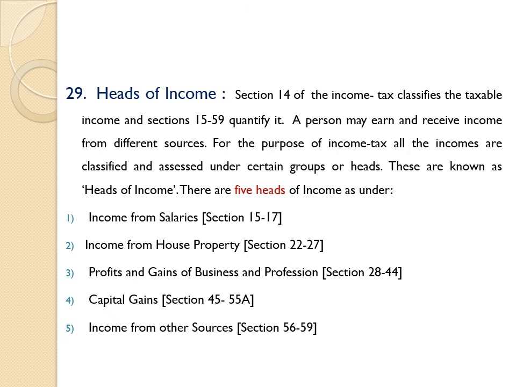For example, commission of insurance agent, dividend received, directors fees, interest received, income from undisclosed sources, etc. So in short, there are five heads of income in India, namely income from salaries, income from house property, profits and gains of business and profession, capital gains, and income from other sources.